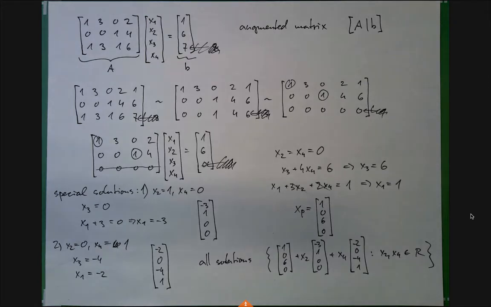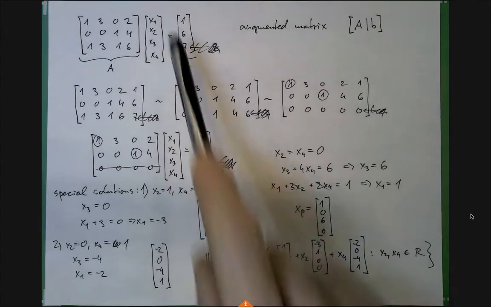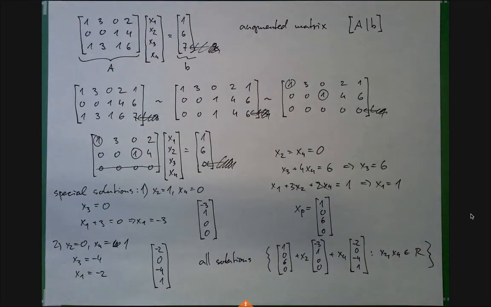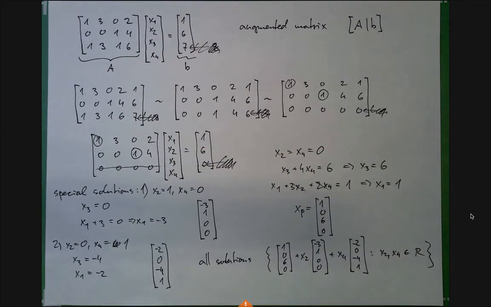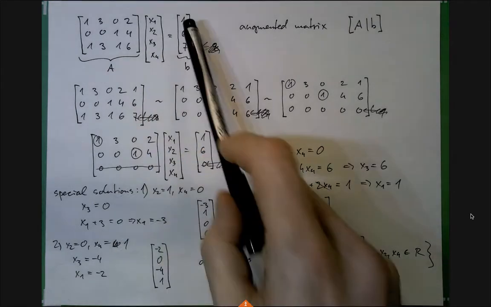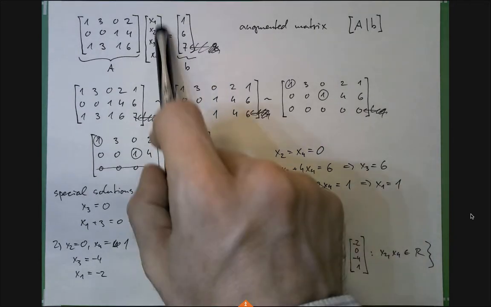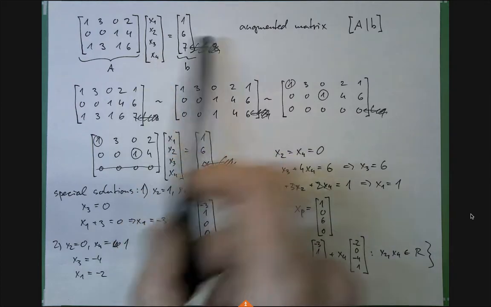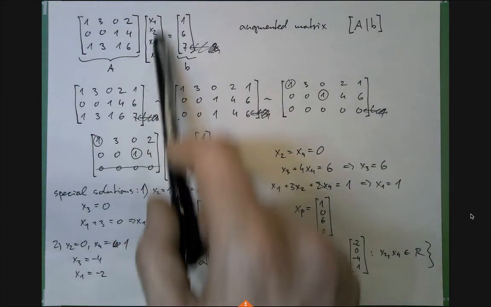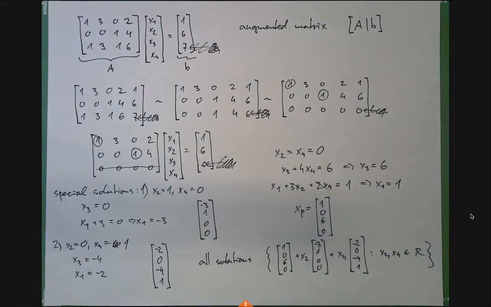Why did I need to find the xp? Because I don't have 0 right-hand side. If I had 0 right-hand side, then my xp essentially is the vector of all zeros, right? That's the trivial solution. Because my right-hand side is non-zero, there's no trivial solution, right? The zeros don't cut it. I need to find the particular solution that gives me the proper right-hand side.